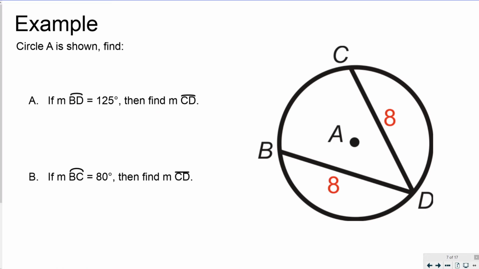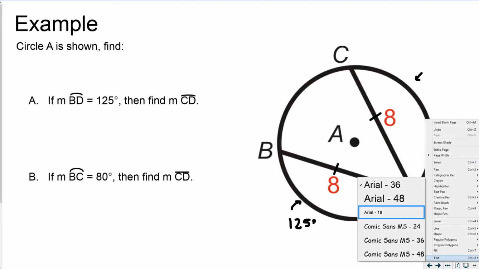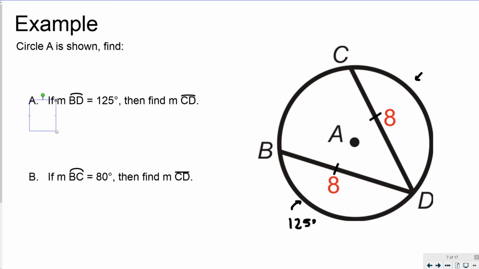So here's an example. It's a two-parter. Circle A is shown. Find the measure of arc CD if the measure of arc BD is 125 degrees. So they want me to find this. Well, I do know that BD and CD are congruent chord-wise. So I'm actually going to type this because I don't want to write a ton.